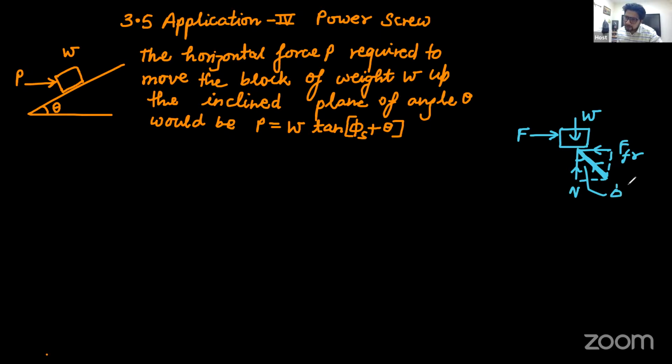Let's call that angle as phi. Then it's very clear that we can write that angle by the formula tan phi is equal to friction force divided by normal force.